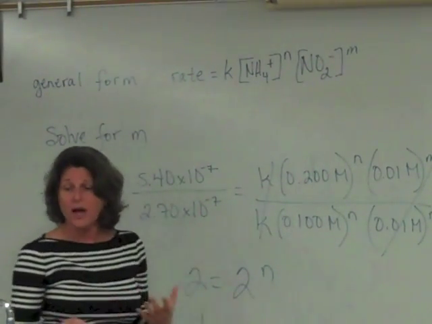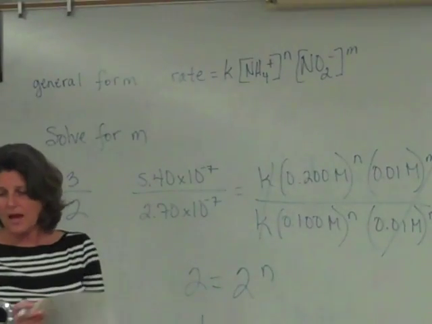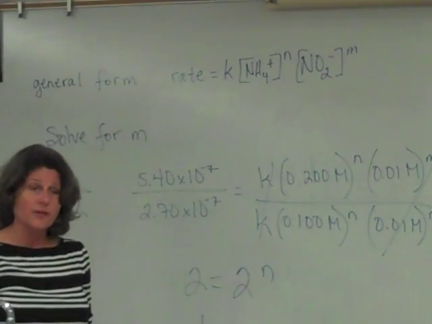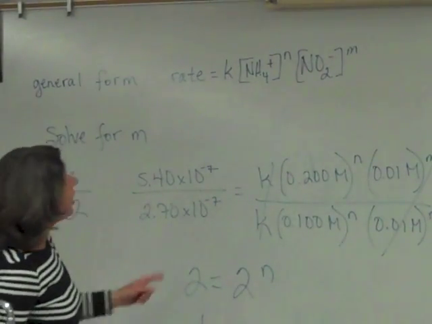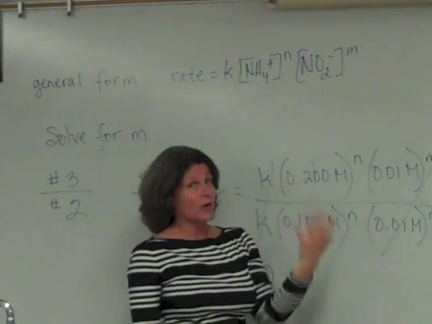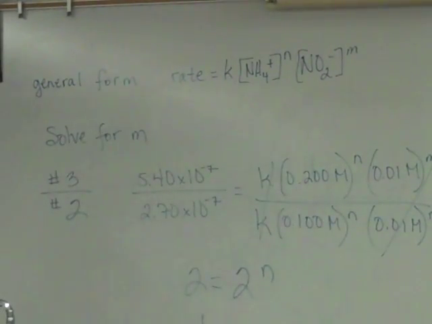Okay, so what are the other things that we need to do? We need to write the rate law for the reaction. So now we know the identity of N and M. We can write the actual rate law, because we don't want those variables there.